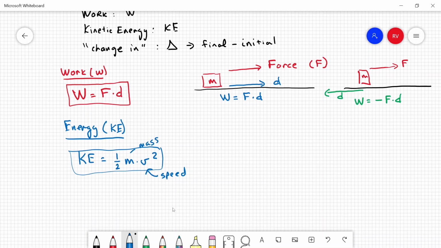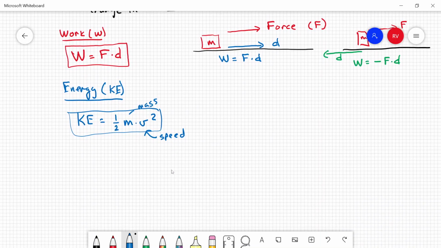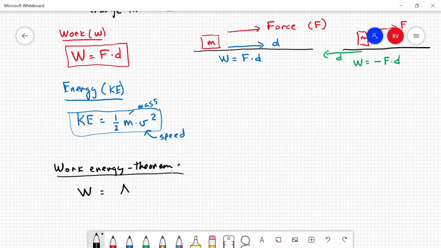And so what does the work-energy theorem tell us? Well, the work-energy theorem tells us that when I do work on an object, it will result in a change, that's that change that I talked about, of kinetic energy, which in our case would be the final kinetic energy minus the initial kinetic energy.